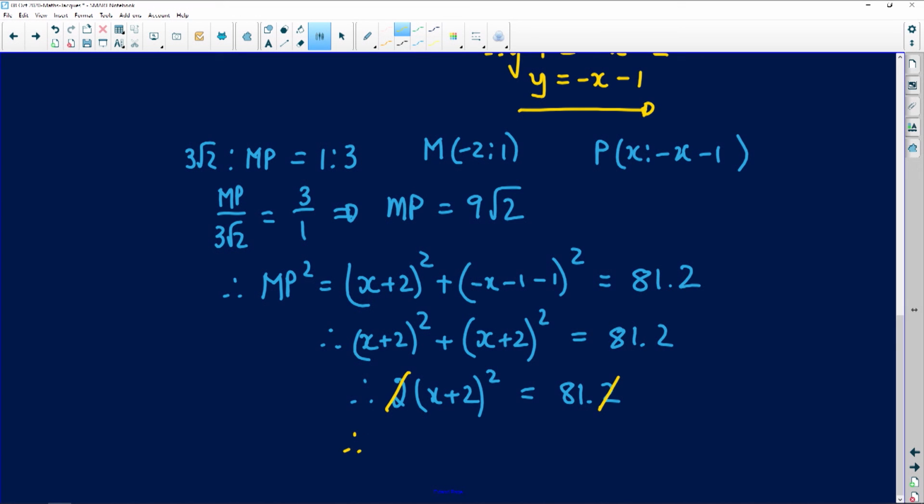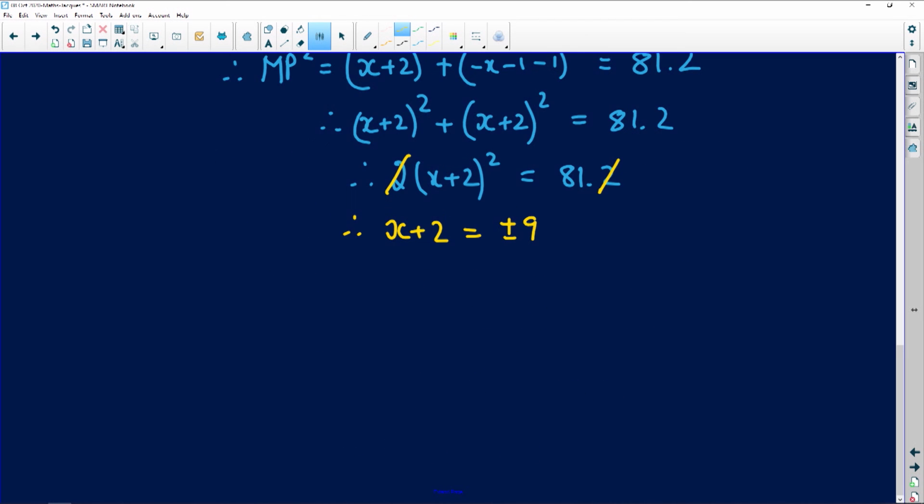Okay, so don't forget now that x plus 2 is the square root of that, which is plus or minus 9. So that leaves me with an x value of minus 2 plus or minus 9, which we now have to make a choice between. The x value is going to be minus 11 or the x value is going to be minus 2 plus 9, which is 7. Now we can choose any one of the two.